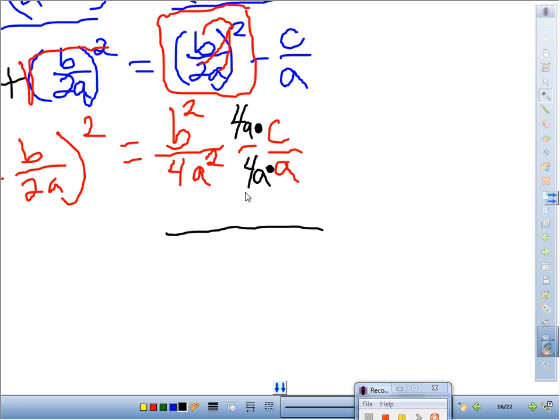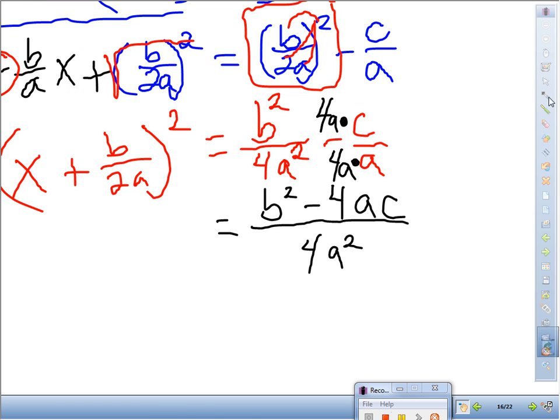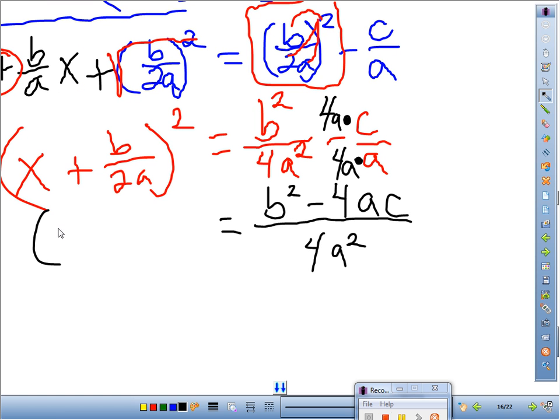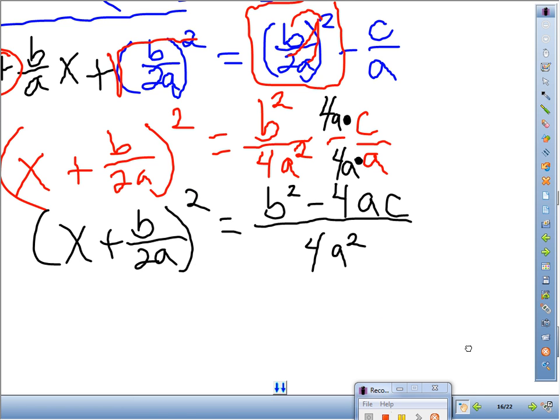What is my common denominator now? 4a squared. And what's left on the numerator? b squared minus 4ac. And I bring down what I already had on the other side, which is x plus b over 2a squared. Copy that step, please.